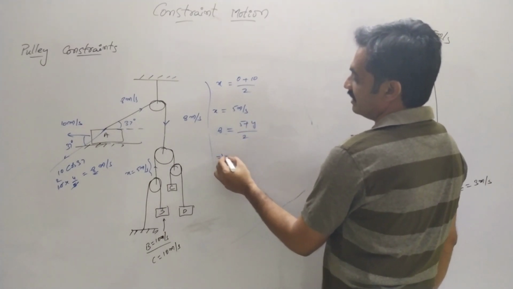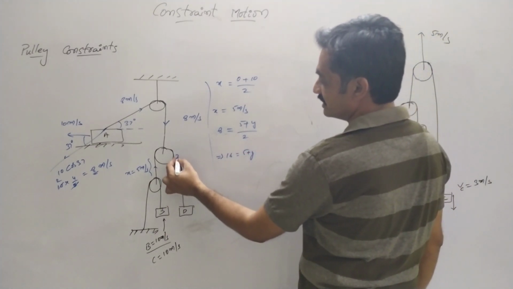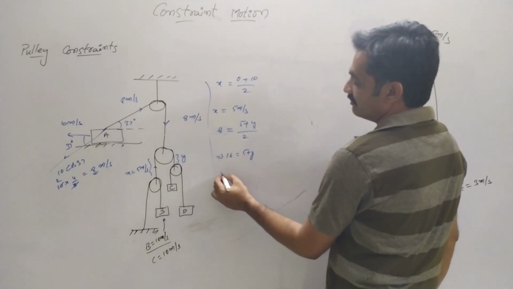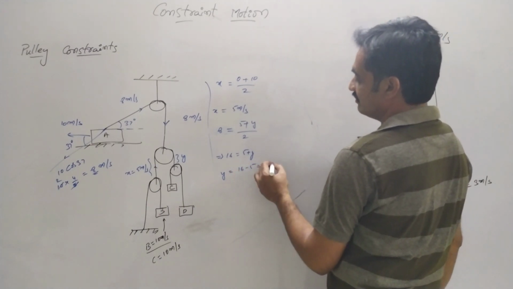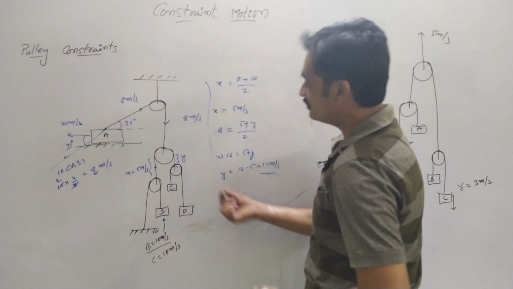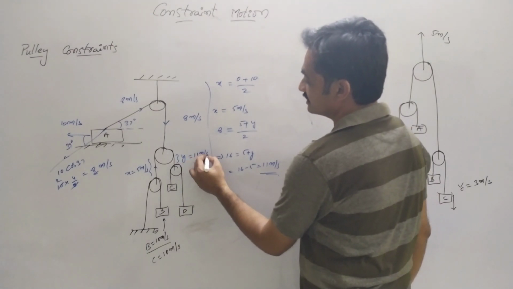So based on that, here we have 16 equals 5 plus y. I am going to consider it as y. Then we have y equals 16 minus 5, which is equal to 11 meter per second. So the velocity at this point is y equals 11 meter per second.